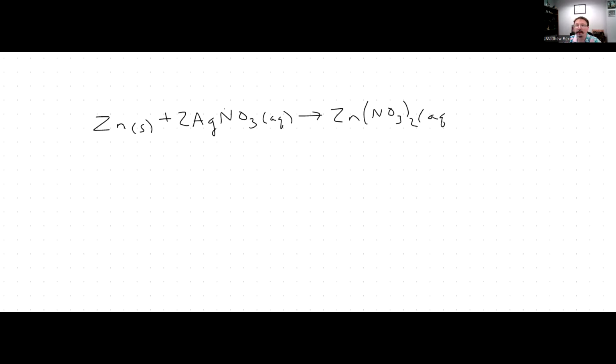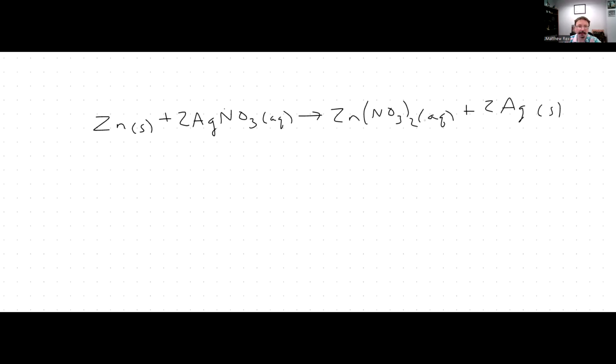What's the oxidizing agent in the following reaction? So I've got zinc, a solid metal, I've got silver nitrate in solution, and then that goes over here and makes zinc nitrate, or zinc nitrate specifically, and then I've got two solid silvers over here.